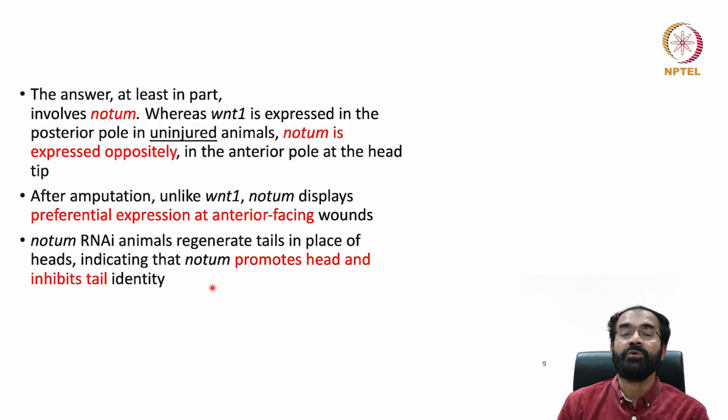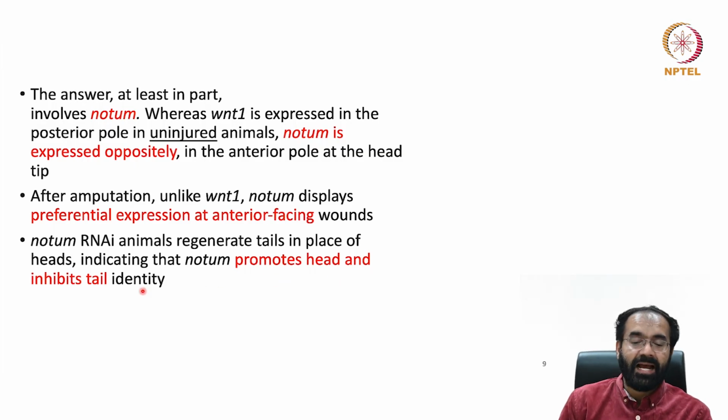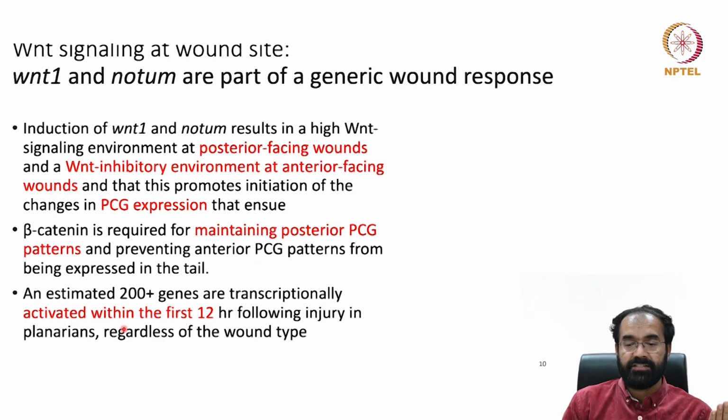For a tail to form, you want Wnt signaling. And the absence of Notum ensures there is Wnt signaling. Why? Wnt is induced everywhere soon after injury, indicating that Notum promotes head and inhibits tail identity. That is why you have to knock down Notum, because Notum is an antagonist of Wnt signaling.